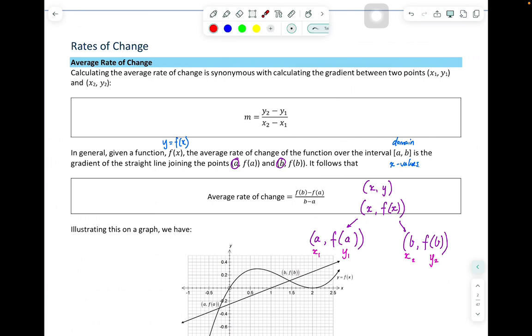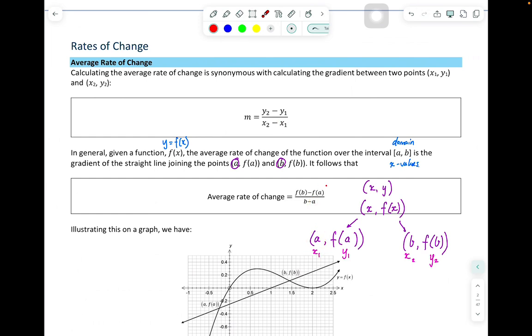So let's go and compare these. If we fall back onto our y2 minus y1 over x2 minus x1, we'll have f of b, which is our y2, minus our f of a, which is y1, over x2 minus x1.